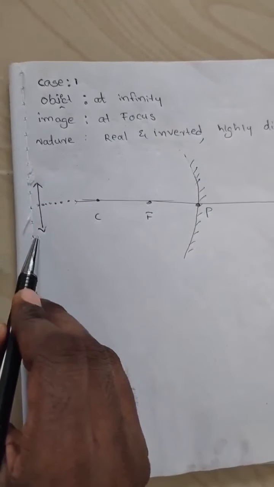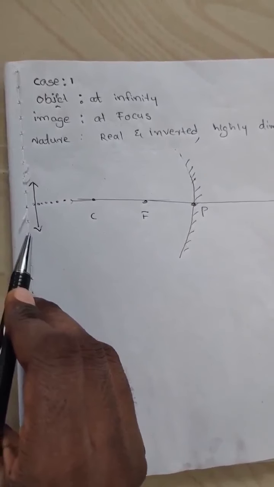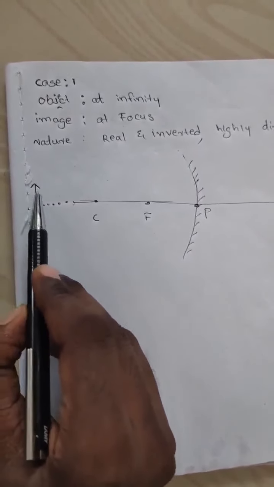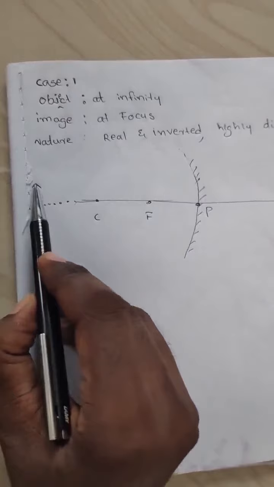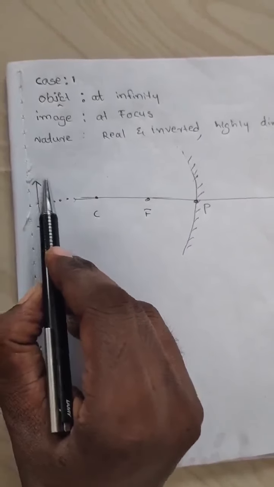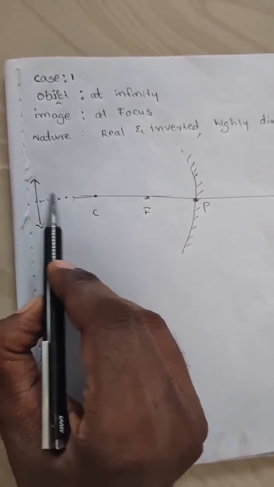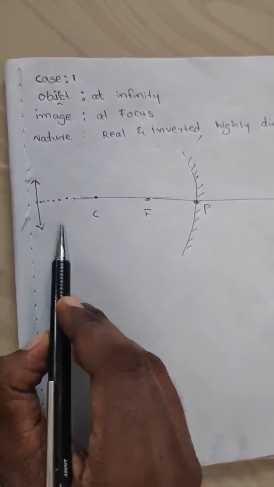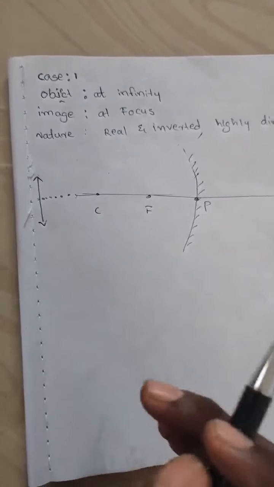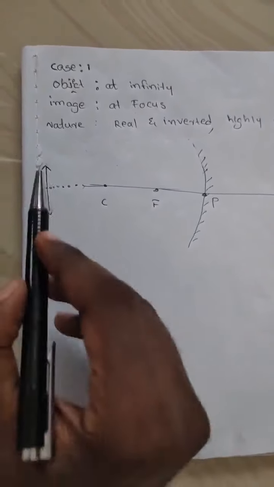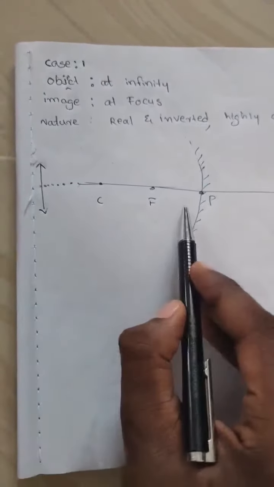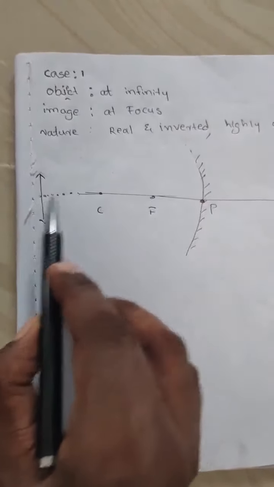Okay, and in the last part we studied that each point in the object will act as a point source, and several rays will emerge from this. And for the sake of simplicity, we will take two rays. Do you remember that? Anyhow, there are several rays emerging from this, but we are using only two rays.